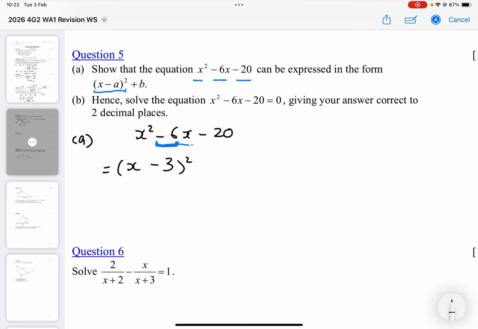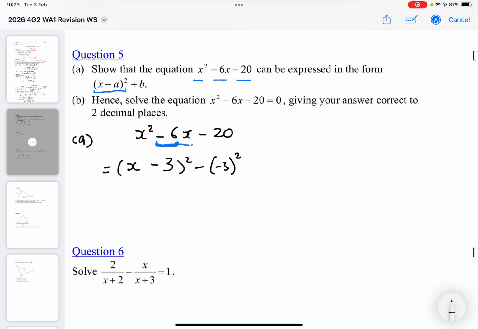But if we go back to the reverse of the expansion, once I write this negative 3 inside the bracket, I will create an extra term of this negative 3 being squared. So every time I write this minus 3 here, I must minus back whatever I write, squared, because when I write minus 3 inside the bracket, I will create an extra term.